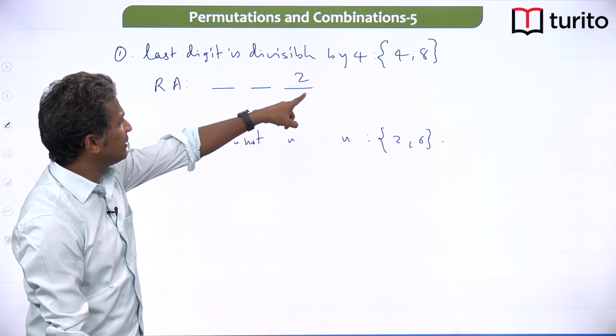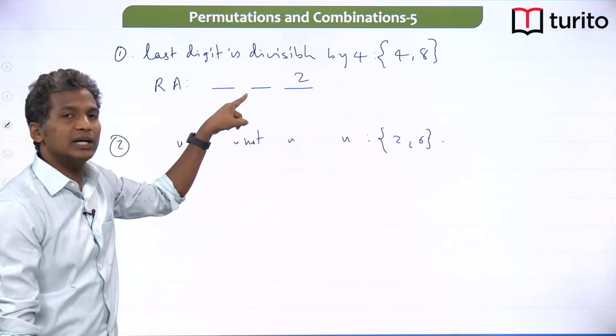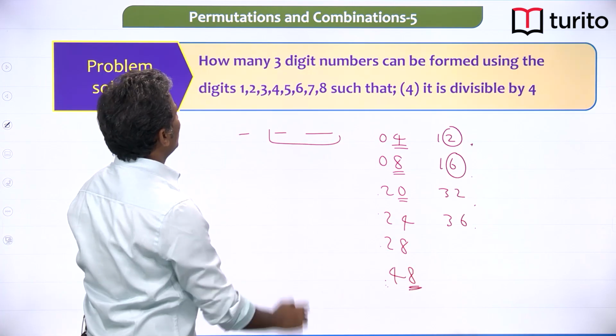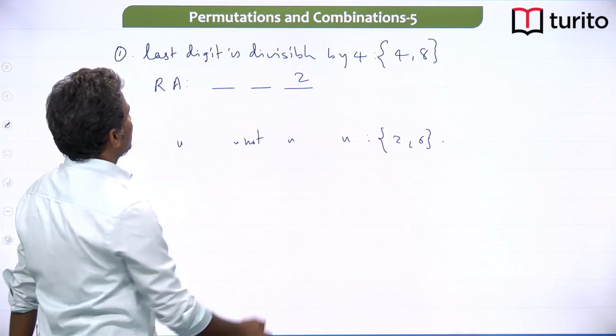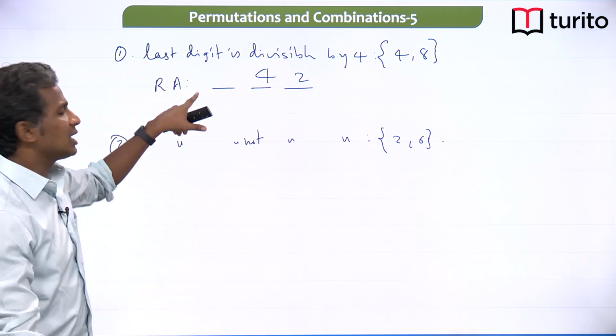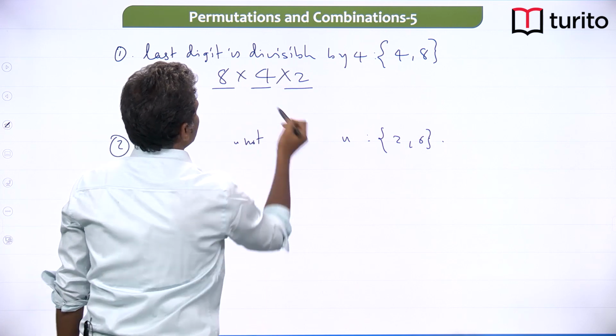Now, if this is divisible by 4, the second location must be even. So, how many options are here? How many are even numbers? 2, 4, 6, 8 are the even numbers. So, for this there are only 4 options, and for the last one there is no condition. So, it can take 8 options.